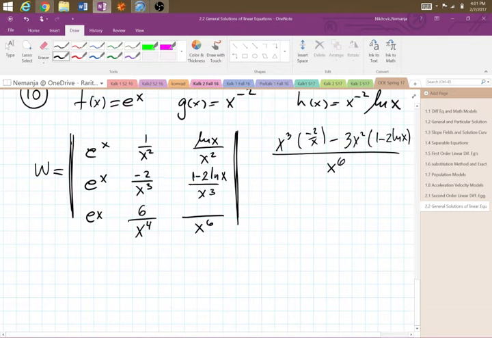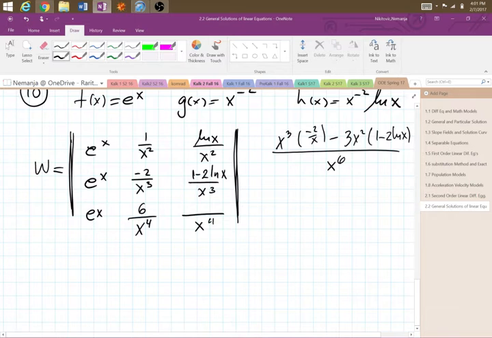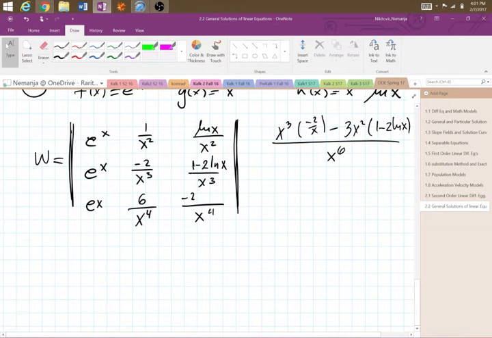There we go. We can kick out x squared. And then this becomes just negative 2 minus 3. Then later, the final thing, negative 5 plus 6 ln. How'd you get negative 5?